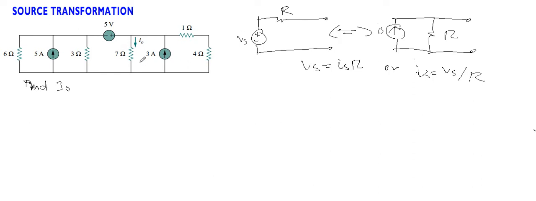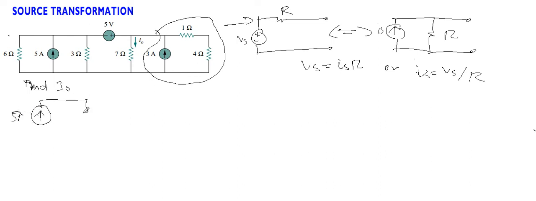So, in this case, saan tayo pwede? Kung makikita nyo, pwedeng i-simplify natin ito. But first, kasi alam natin na these three branches are in parallel. So, kung rearrange natin yan, mangyari dito is ganito. 5 ampere, and also this one is 6 ohms, and this one is 3 ohms.